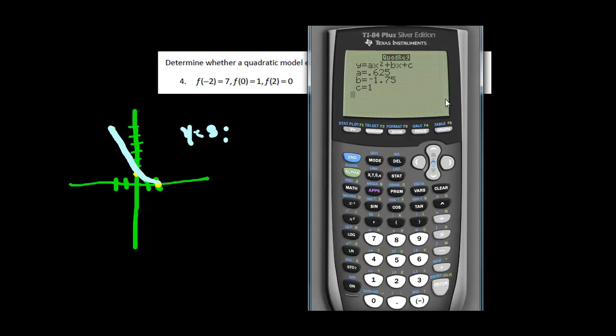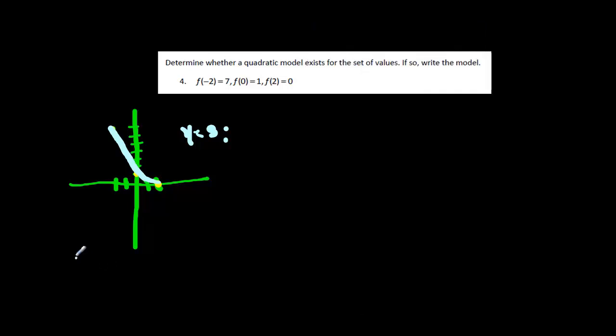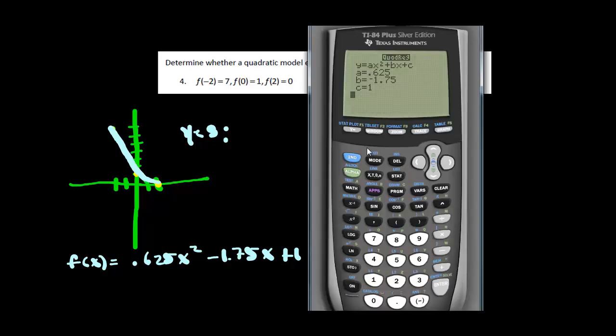That's not necessary. So what the final answer should be is f of x equals, we can use those values, 0.625 x squared minus 1.75 x plus 1. That would be the answer, because when you plug A, B, and C into the standard form, that's what you get out of it. So that's that one.